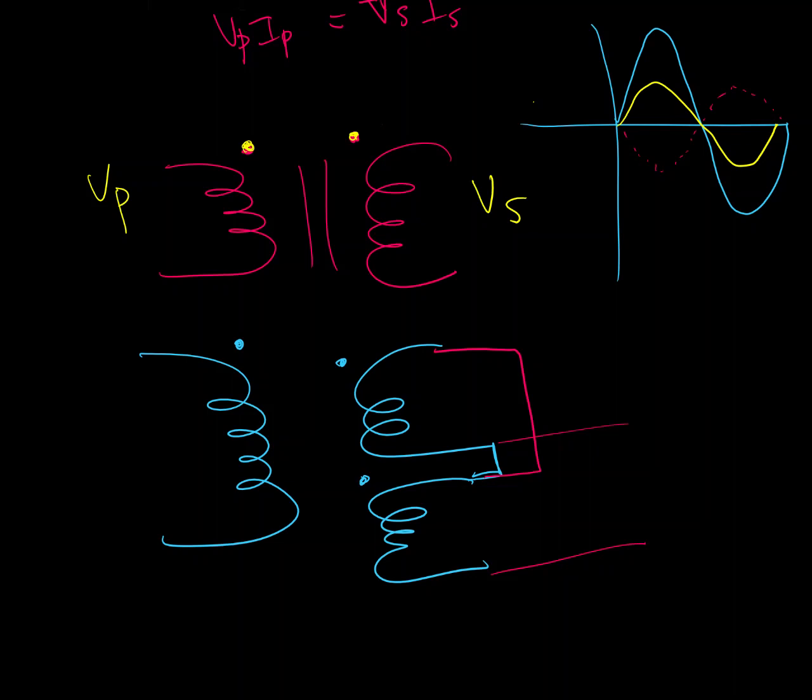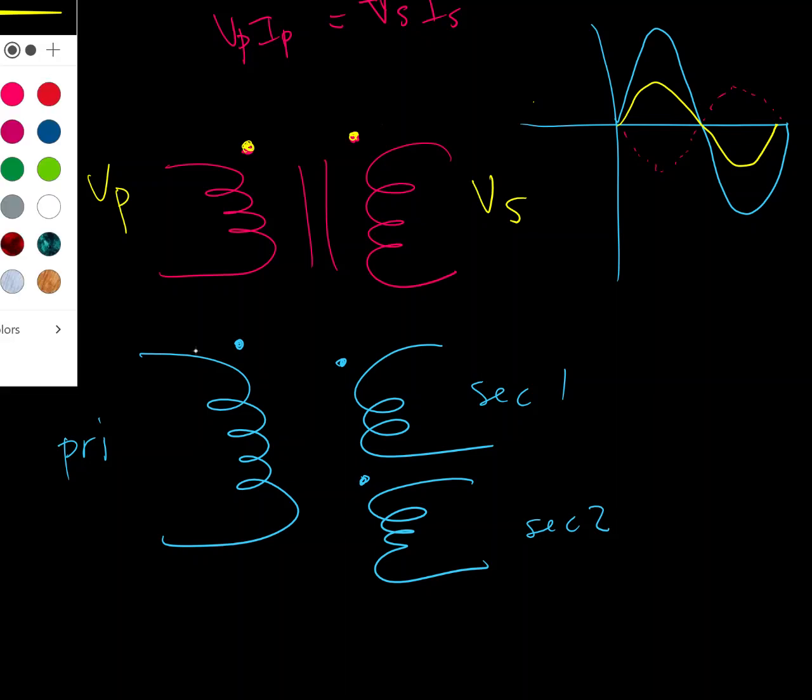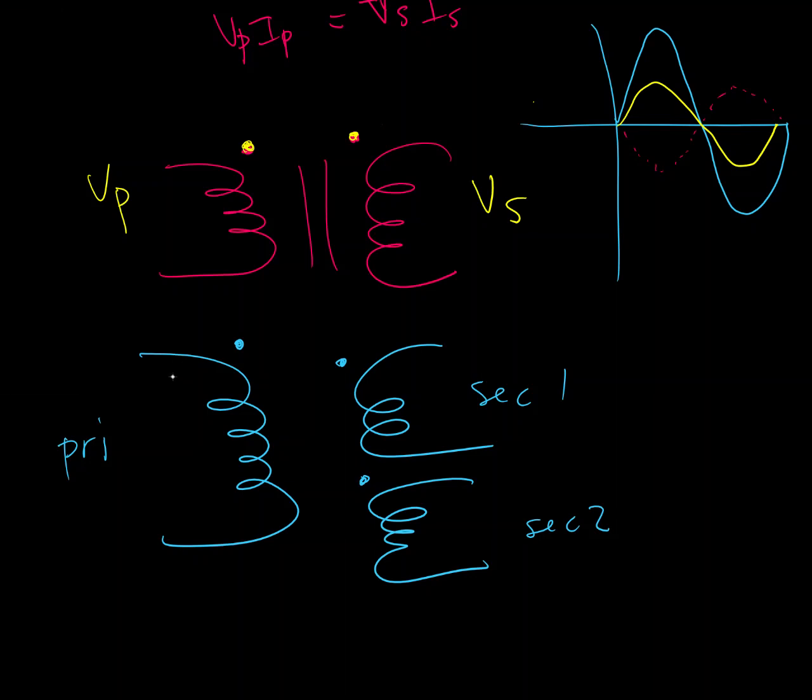The other thing I can do is to test a transformer by measuring its windings. So I'm just going to erase those connections. So I have primary and secondary here, primary, and I have secondary 1 and secondary 2. Now, to test the transformer in general just with an ohm meter, I can measure the resistance between, say, leads 1 and 2 here, and I should get some resistance reading.